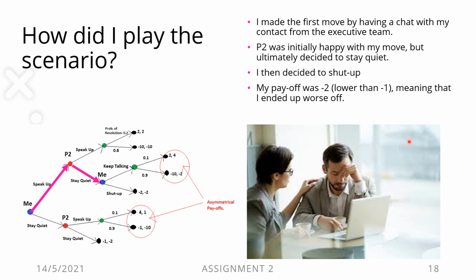Sure, my payoff by doing this was -2, but it could have been a lot worse if I kept talking and got dragged through an investigation with only a 10% chance of coming to a satisfiable outcome. And so by doing this, my payoff was slightly lower than if I played the game optimally.